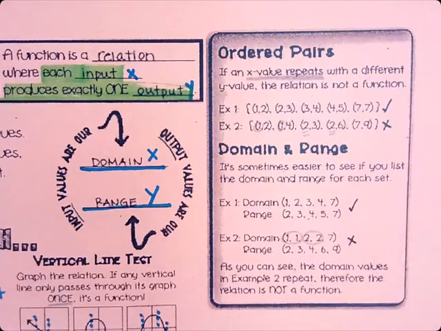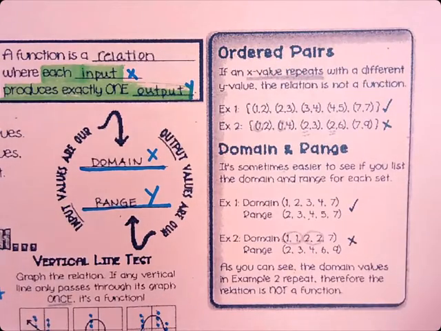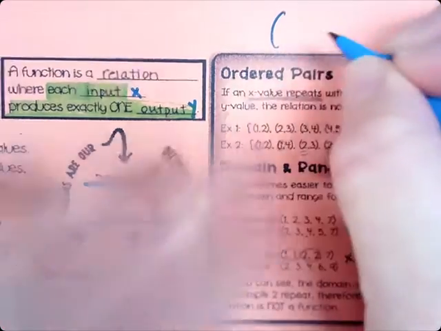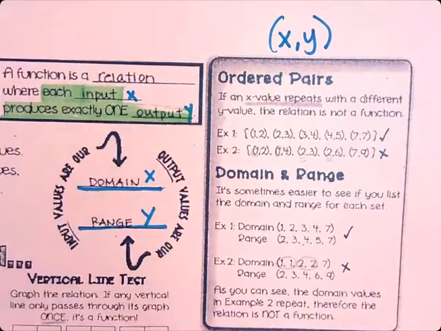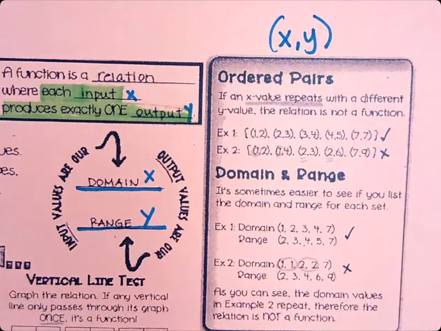With ordered pairs, what you need to look for is that x values don't repeat. If the x values don't repeat, then it's a function. Remember, for our ordered pairs, we have x and y. So we want to make sure that the x value doesn't repeat. You don't even need to look at the y values.